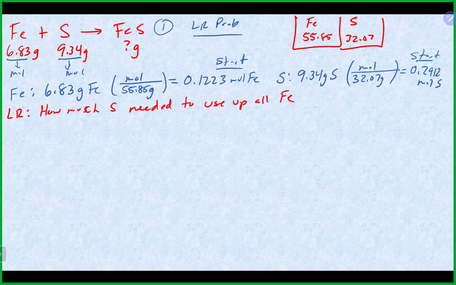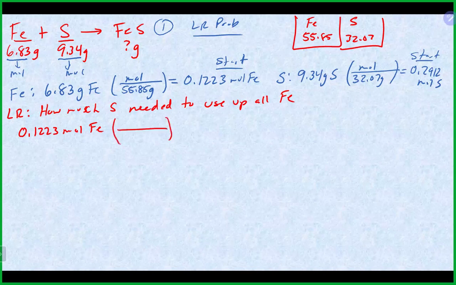So I'm just going to do a basic little calculation between the two reactants. I'm going to take my 0.1223 moles of iron and do the mole-to-mole relationship between these two, which is a 1-to-1 relationship based off of the coefficients.